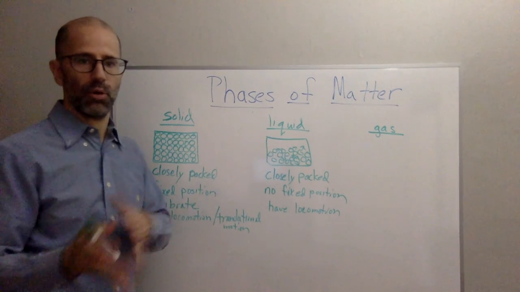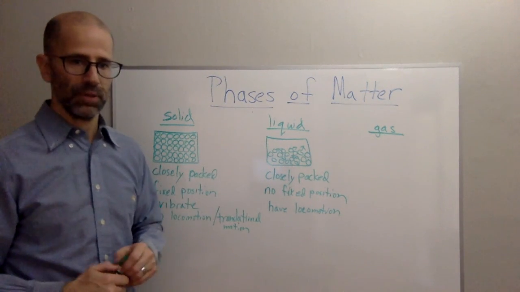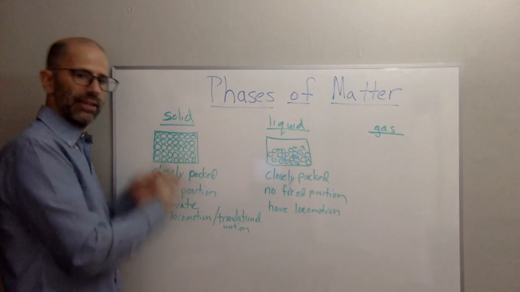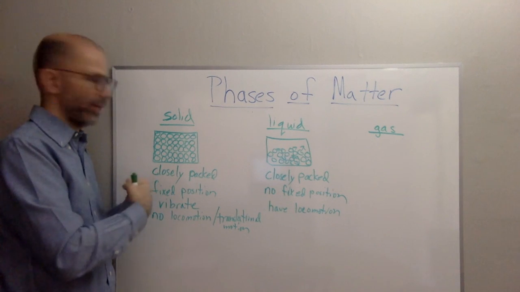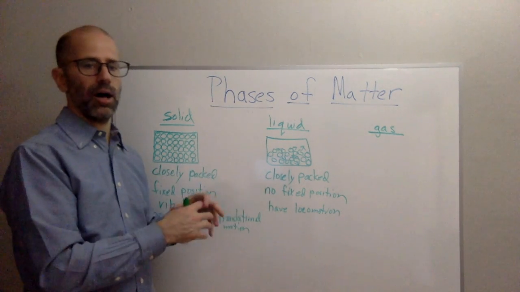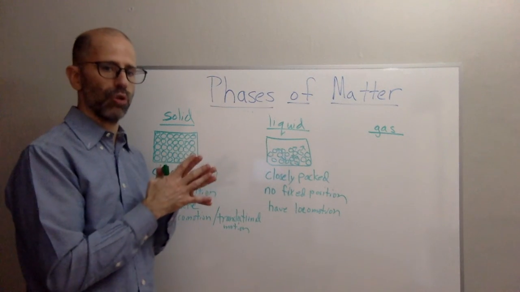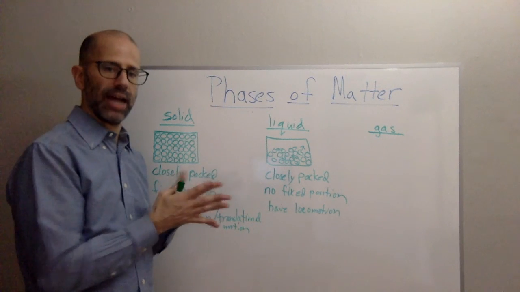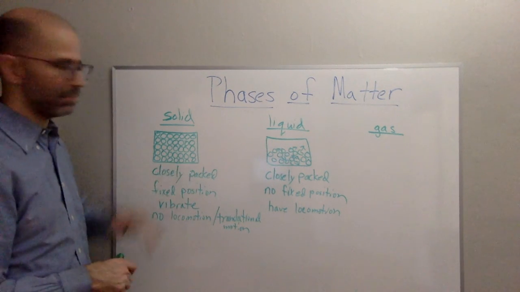But that's going from liquid to gas, and we're going to get to gas in just a moment. Okay, so in the solid, the attractive forces are so strong that they keep tightly packed together, and they're not going to move from their place. In the liquid, the attractive forces are not as strong, so there's some motion involved. They get to move from place to place, but they're not really going to move away from each other. They're going to still be pretty tightly packed, but they have room to move. In the solid, we only have vibrational motion.